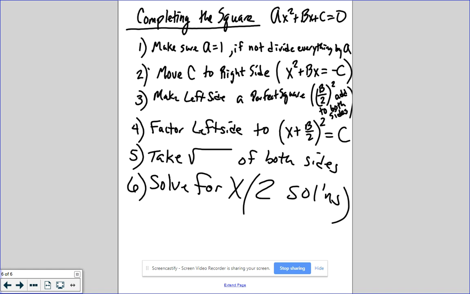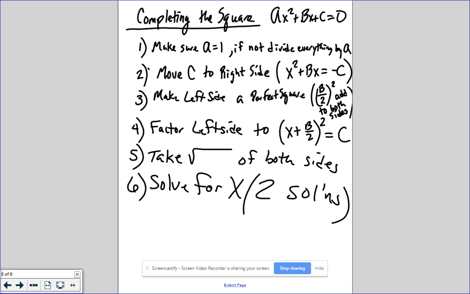Okay. Now I know, just looking at those steps, that probably doesn't make sense. I promise you, going through completing the square, it will make sense. All right, we're gonna do a really, really quick example here. What is that thing? Where? On the bottom. This, that's solutions. That's just writing it shorter.